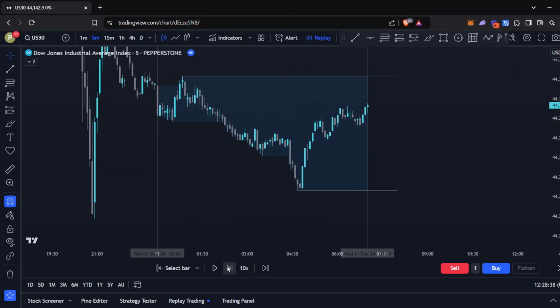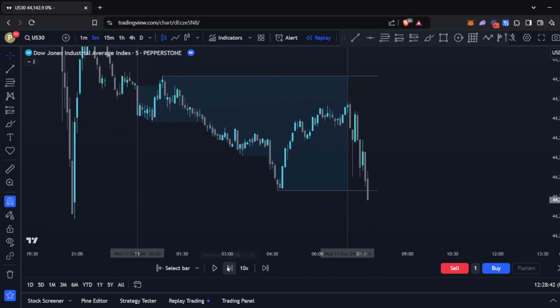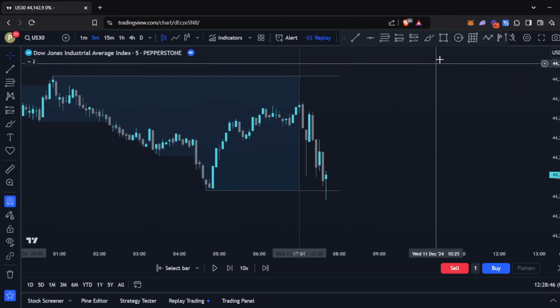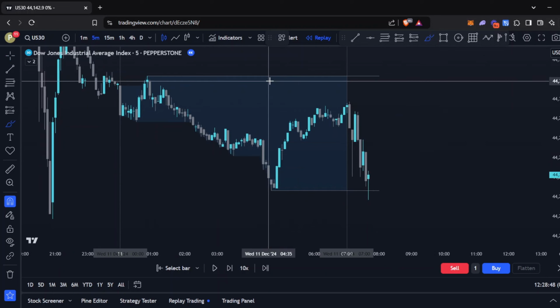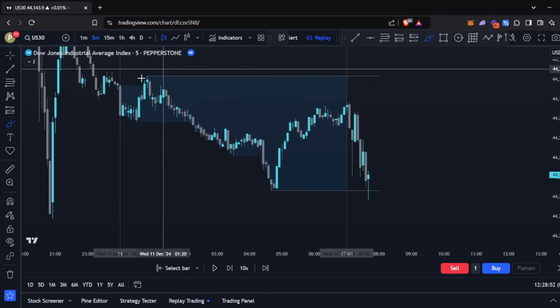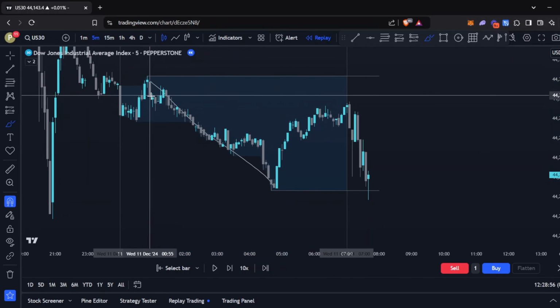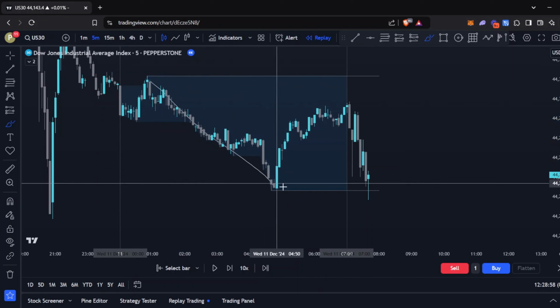Now what we're going to wait for is a sweep of either side. We're going to sit on our hands and do nothing until we get this. We get a sweep of the lows right there. So now let's identify structure. It gets a little more complicated here because there's a lot more consolidation. However, we can see that this entire leg would be classified as a lower low because this is just one continuous move.